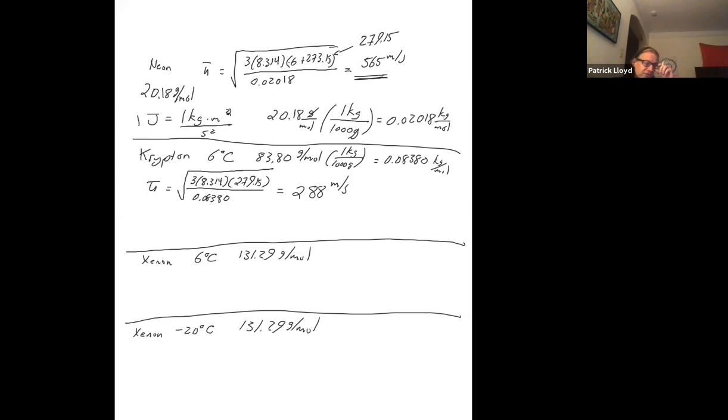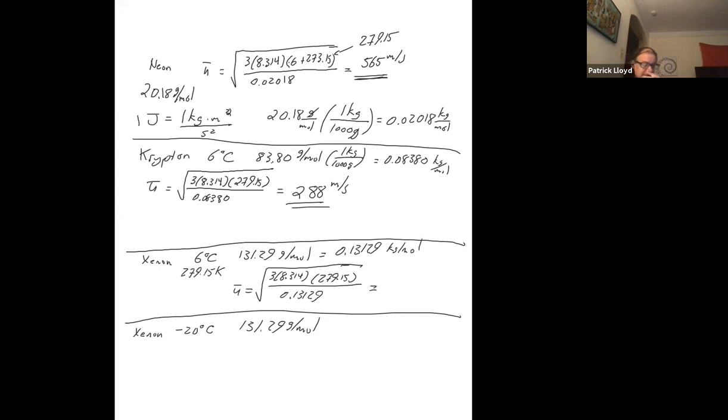Okay, so this is one way to do it. You're just cranking through that formula and calculating. So for xenon, this would be 0.13129 kilograms per mole, and this would be 279.15 Kelvin. So your average velocity would be 3 times 8.314 times 279.15 divided by 0.13129.